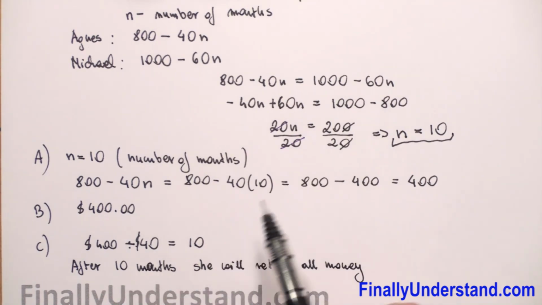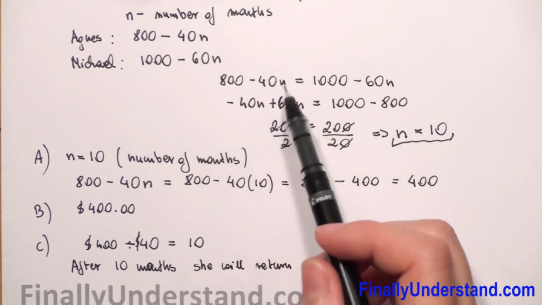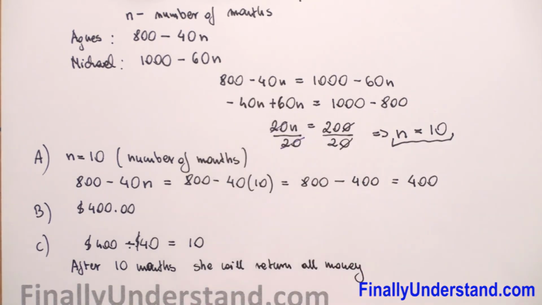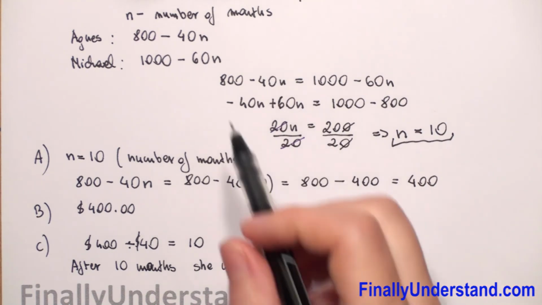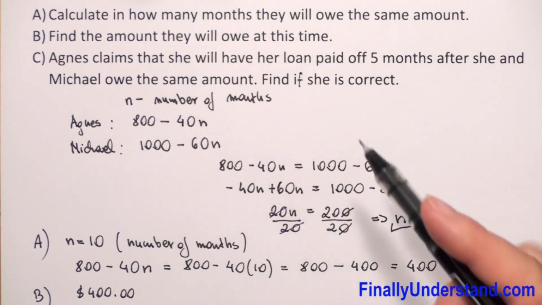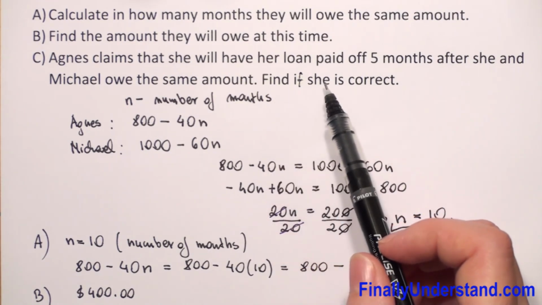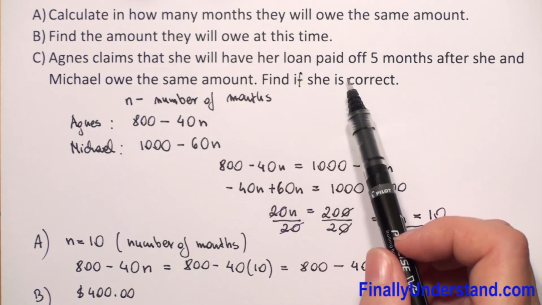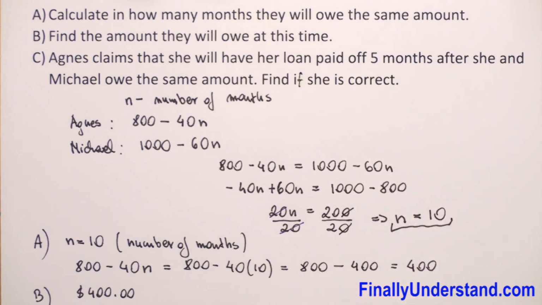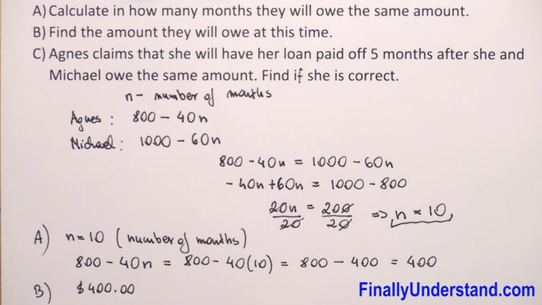After 10 from the moment which they both have the equal amount. Of course, after 10 months she will return all the money. So she is not correct that she paid off her loan after 5 months, after she and Michael owe the same amount.